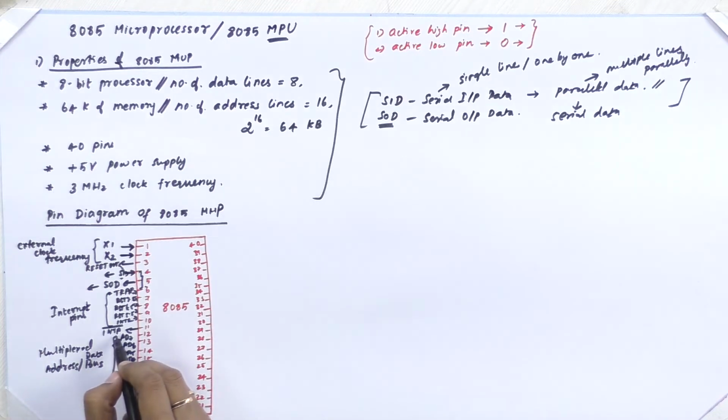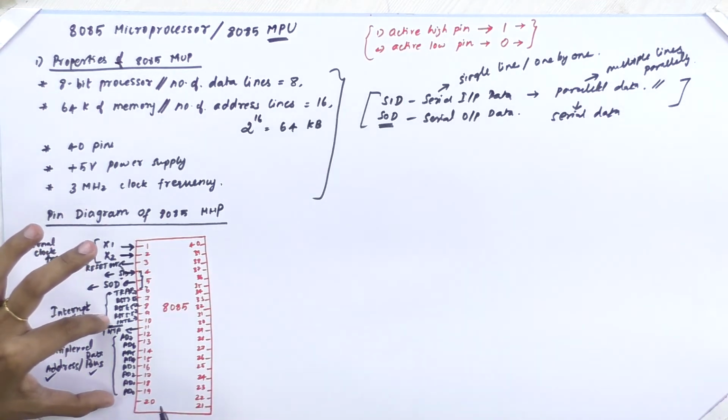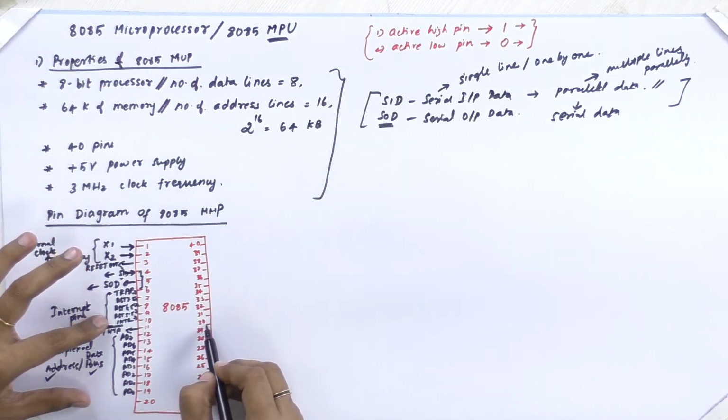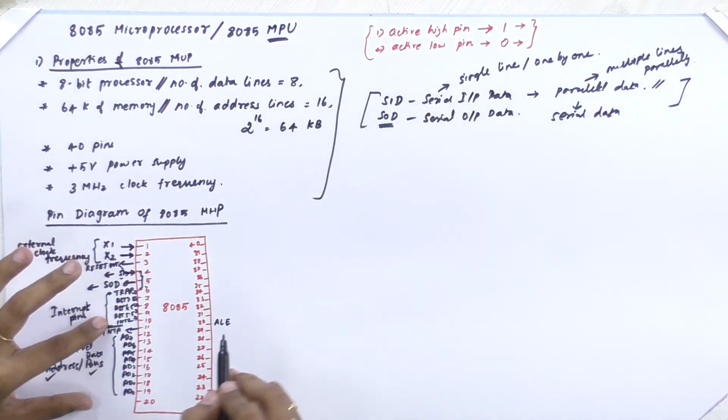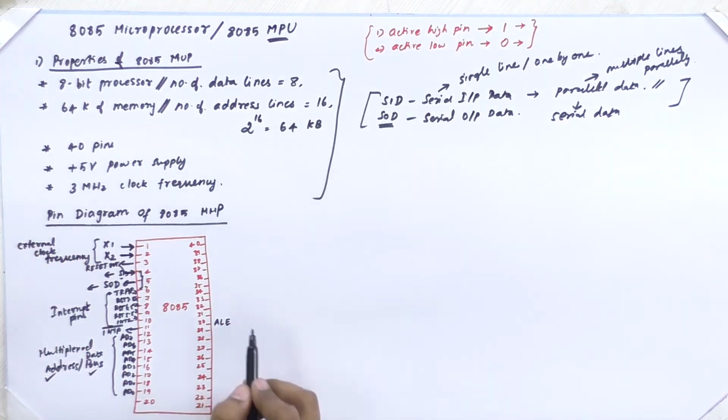During the first clock cycle of any machine cycle, these pins will act as the address bus, and in the remaining clock cycles, these pins will act as the data bus. This is also based upon pin number 30, called the ALE pin, that is address latch enable pin.